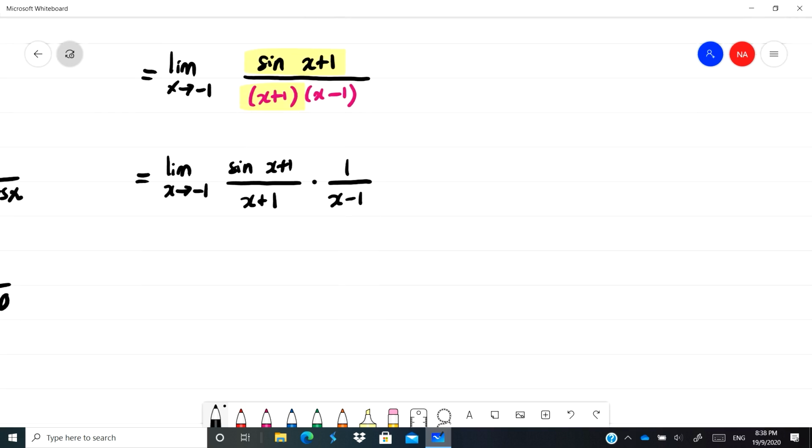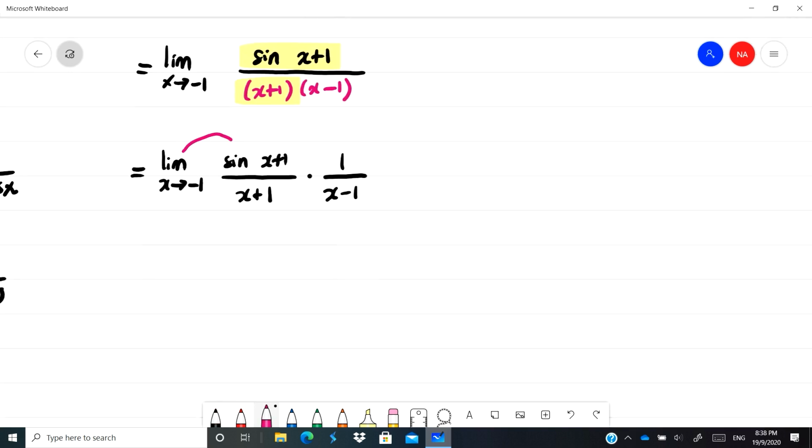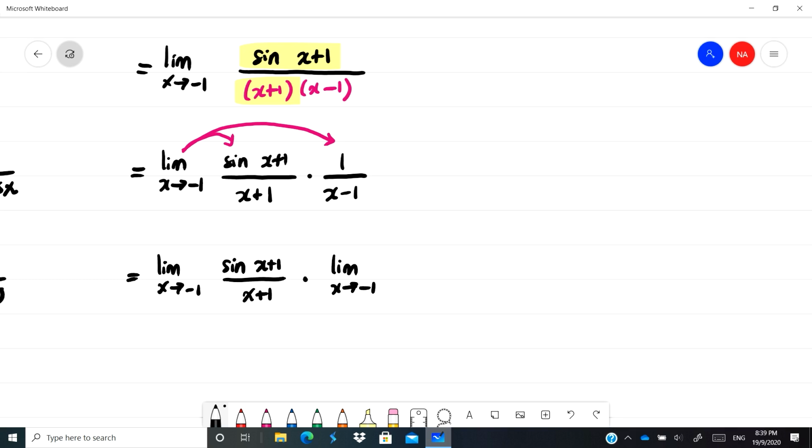So I'm going to distribute the limit into these two functions: the limit as x approaching -1 of sine(x plus 1) over (x plus 1), multiplied with the limit as x approaching -1 of 1 over (x minus 1).